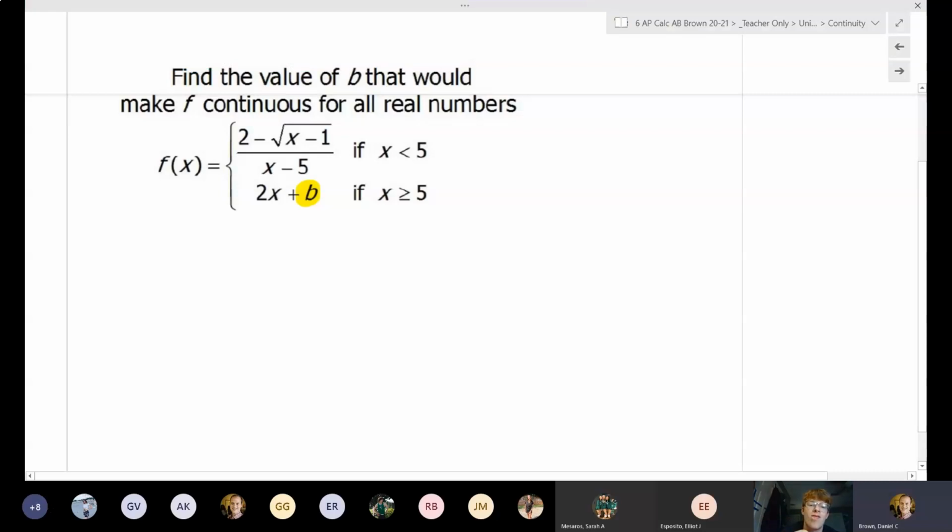So to give you a visual of what's happening, I'm not going to graph the actual function, but basically we have some graph, and 5 is some sort of boundary point. To the left of 5, we have this rational square root function, and it's coming down, and it doesn't include 5.